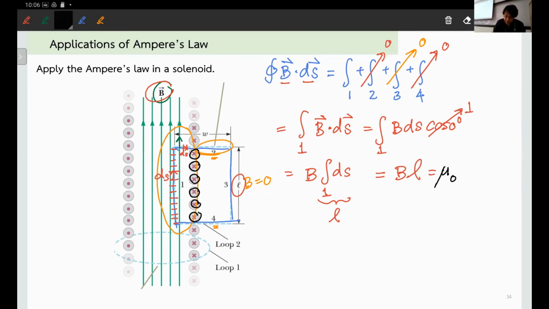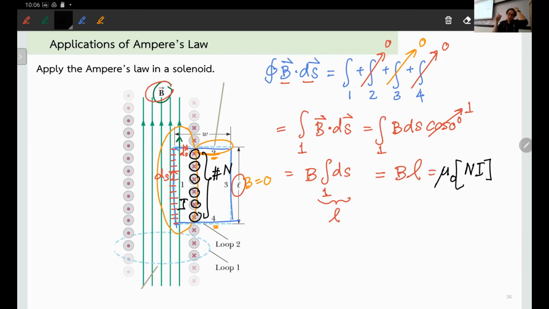So let's assume the number of wires is n. I don't know how many, you can count them. And each one gives you a current flow of I. So all I need to do is put that n and I times. That's how simple it is.